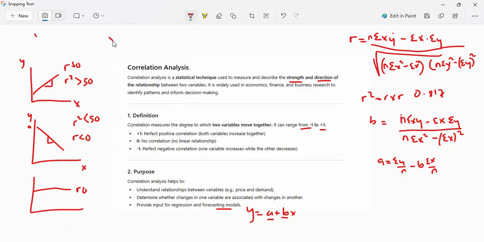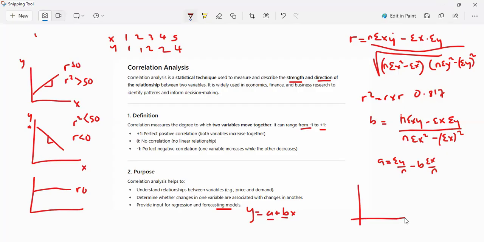Then suppose you're given values of x and y. We have 1, 2, 3, 4, and 5. And the values of y, 1, 2, 2, okay, 1, 1, 2, 2, and 4. So let us illustrate this to show whether it's a positive relationship or negative relationship.